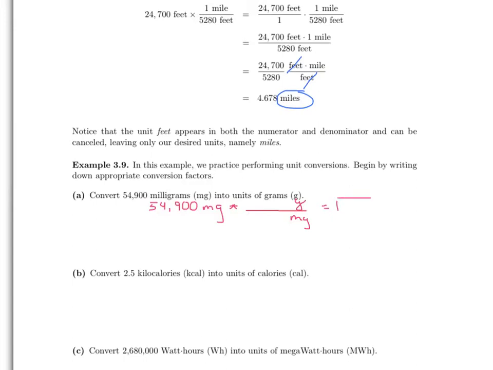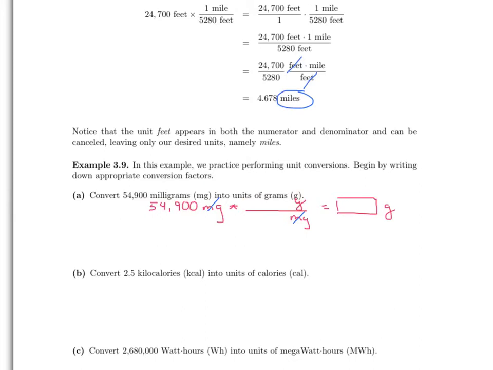We do it this way so that when we are all done, the milligrams will cancel because you have milligrams in the numerator and milligrams in the denominator, and you will be left with units of grams, which is what we wanted. So the challenge for us is to figure out what is this conversion factor that takes us from milligrams to grams.